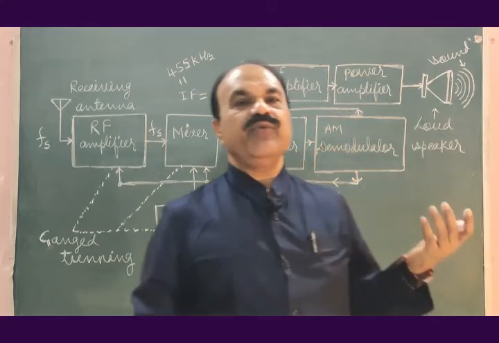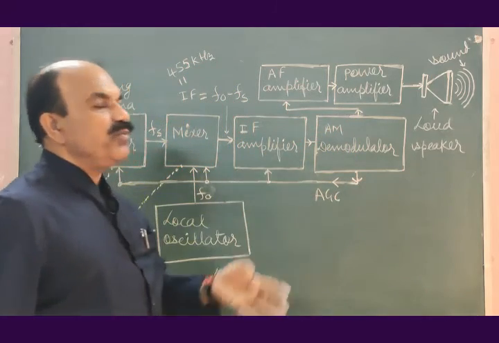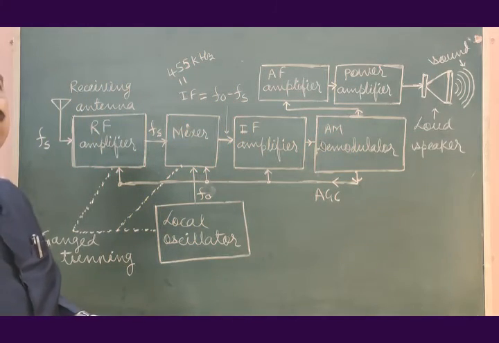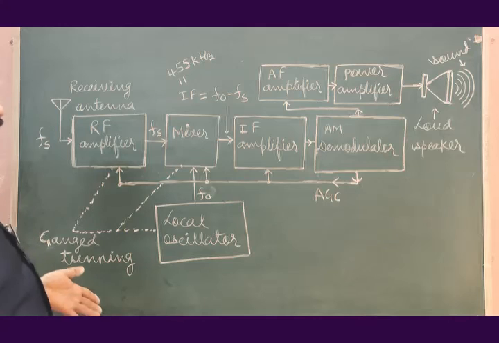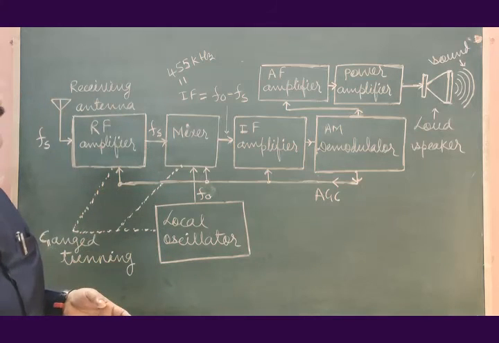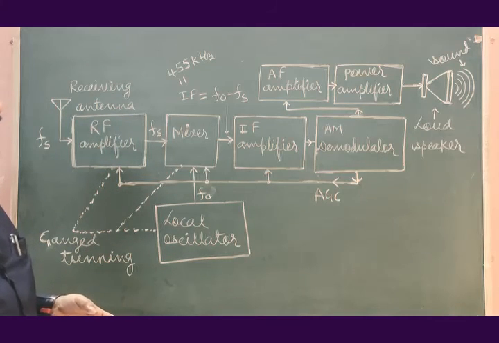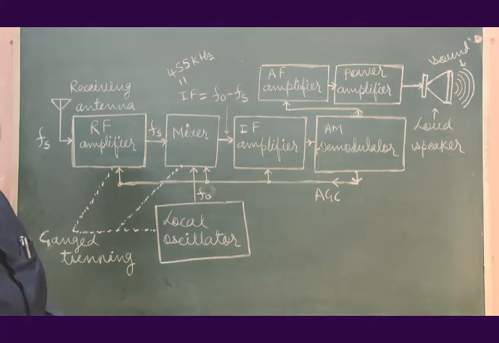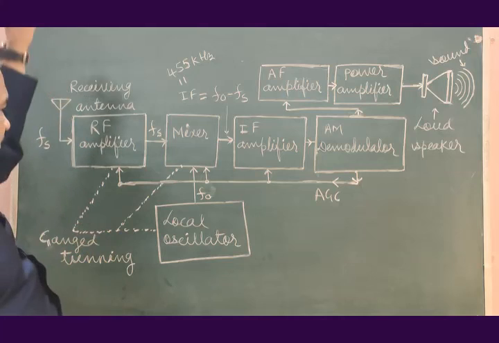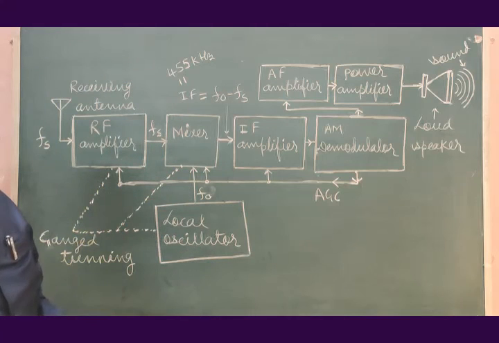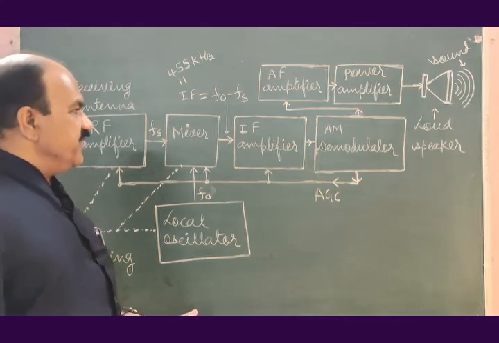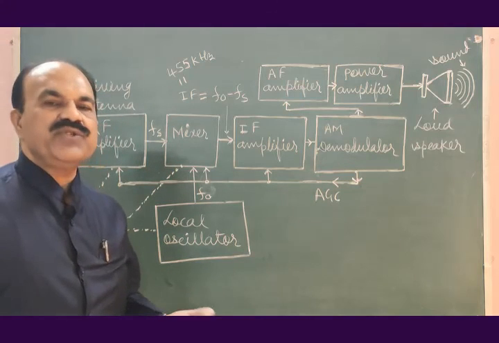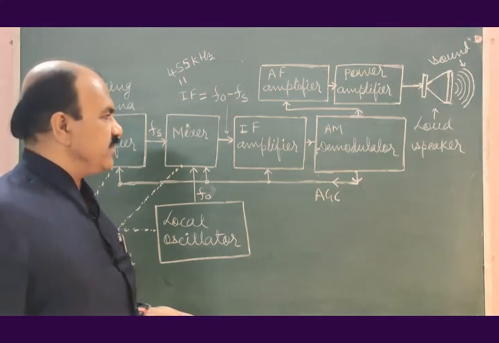So this way we can have quality output in a super heterodyne radio receiver. This is about the super heterodyne radio receiver, its block diagram, working and the functioning of each block.